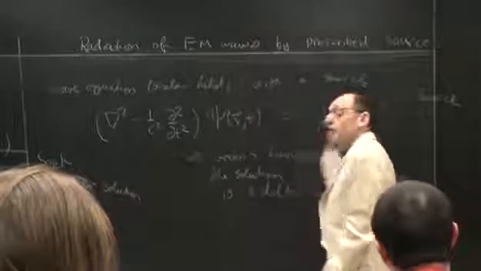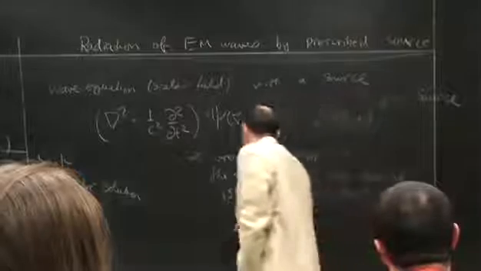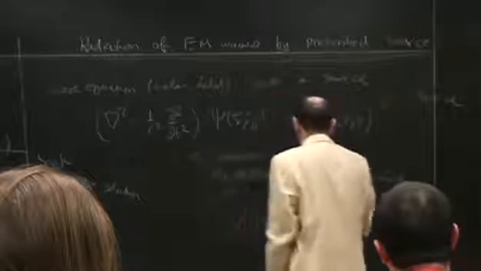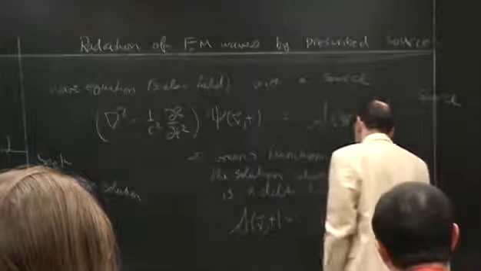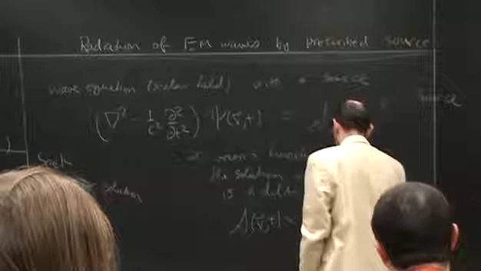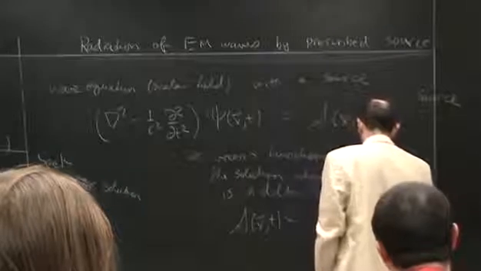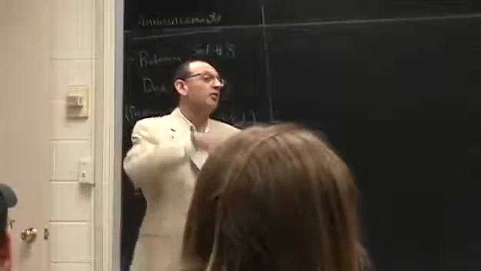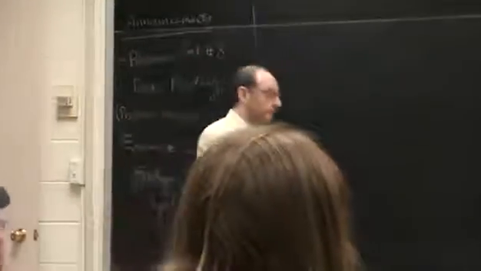So instead of breaking up into Fourier components, as we've discussed, we break up the source into delta functions. So in this case, we've talked about the solutions to Maxwell's equations in free space, for which we said there exist electromagnetic wave solutions.